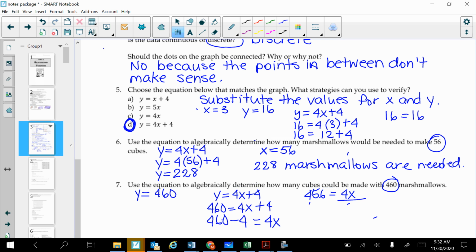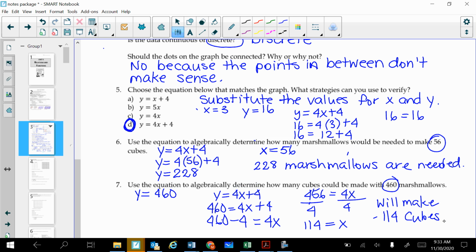Divide both sides by 4. And I get 114 is equal to x. So we'll make 114 cubes.